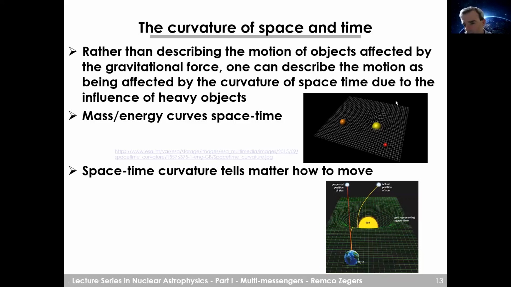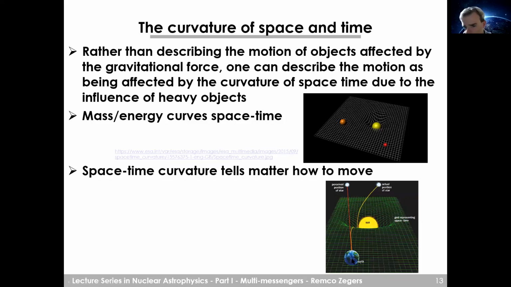So you have pictures like this one here on the right, where you have an object, say the sun or some other astrophysical phenomenon, and objects that move around it are attracted to it because this heavy object makes a dent in the curvature of space and time. This space-time curvature tells matter how to move, and there's a nice example at the bottom here.